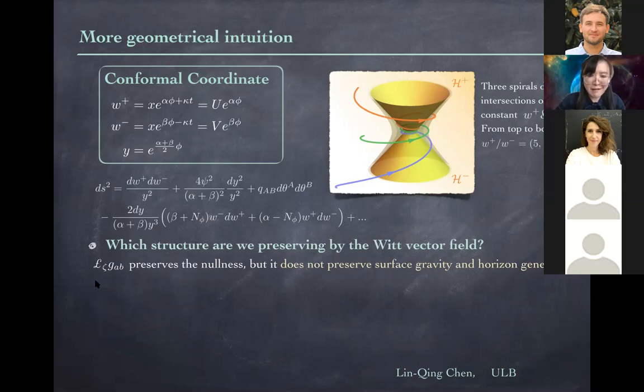The diffeomorphisms preserve the nullness of the horizon. However, both surface gravity and horizon generators are violated by this field variation pointwise. Actually, in the follow-up project, one of our student collaborators, Bruno, figured out that the vector field is preserving this piece of the asymptotic AdS3 metric, this leading piece.